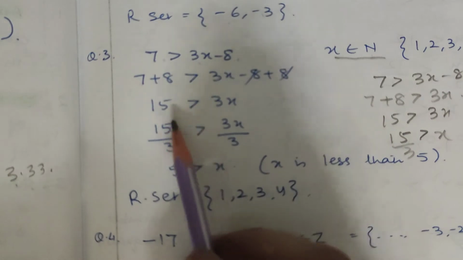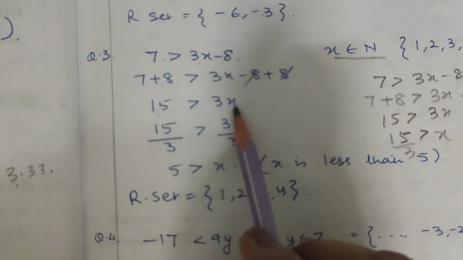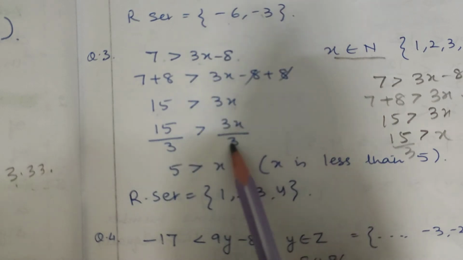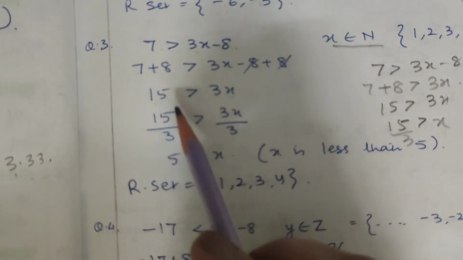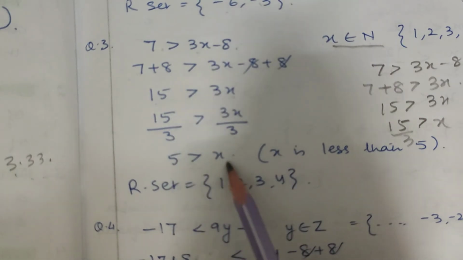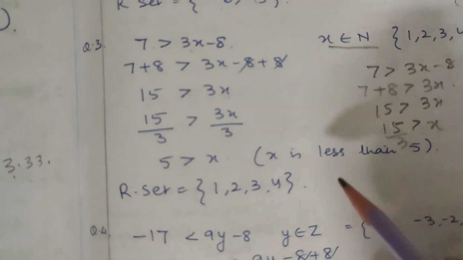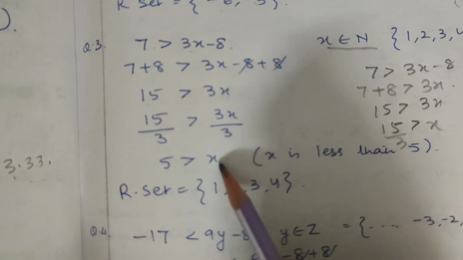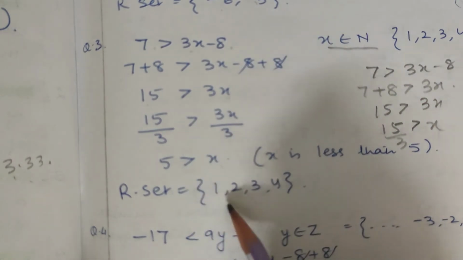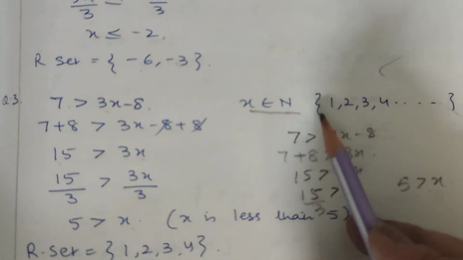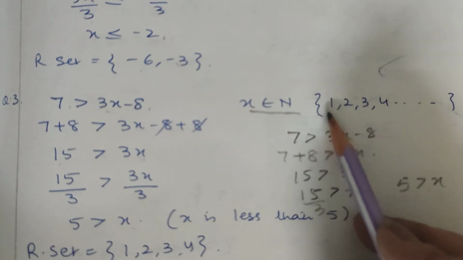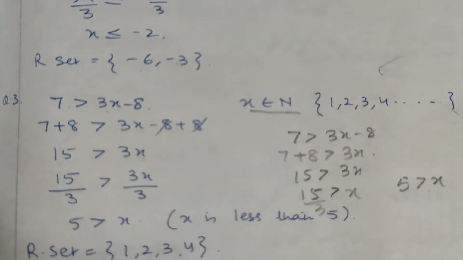So again back to your sum, 15 is greater than 3x, 15 upon 3 is greater than 3x upon 3, 3 cancels out, this is 5 is greater than x. Then how do you read this? x is less than 5. Replacement set will be from these numbers, x is less than 5: 1, 2, 3 and 4.